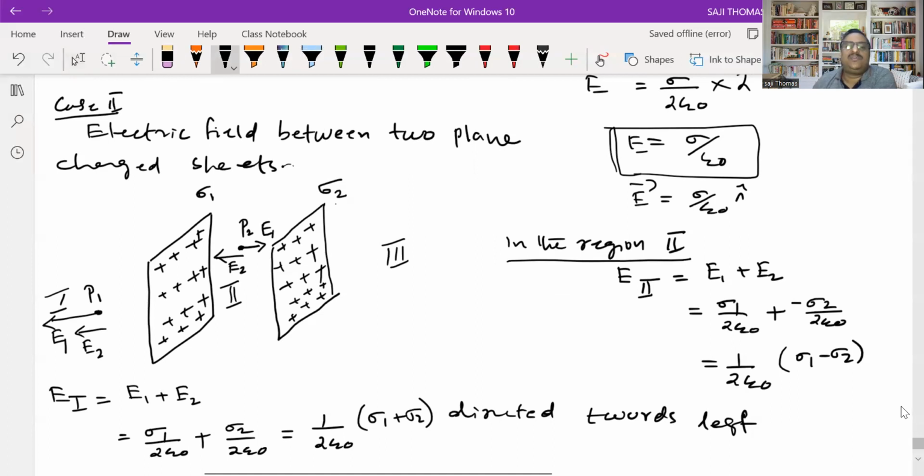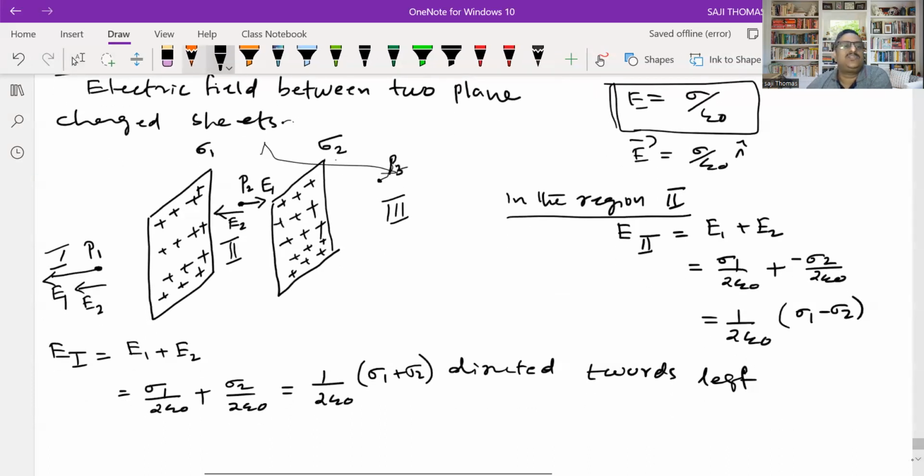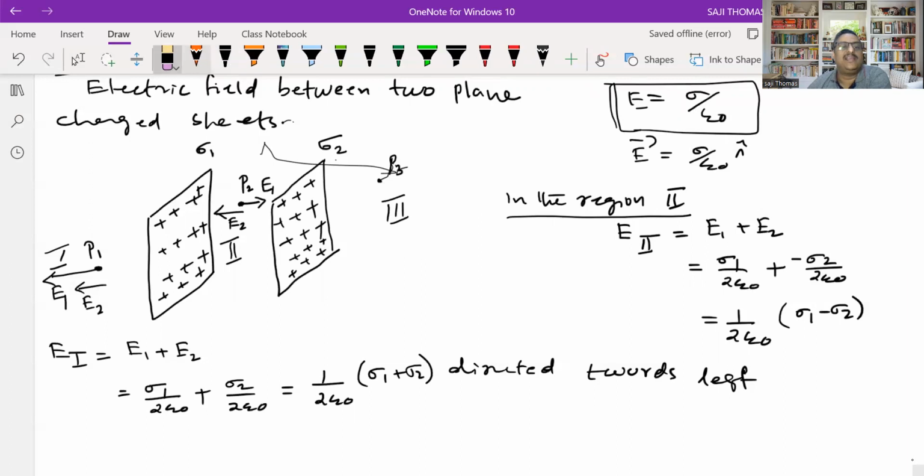Similarly, you can find out the field in region 3. This point you take as P3. At the point P3, electric field due to the second sheet is towards right only. Positive charge field is away. So E2 is in this direction. E1 is also in the same direction, directed away, right? So in region 3, what is the field?